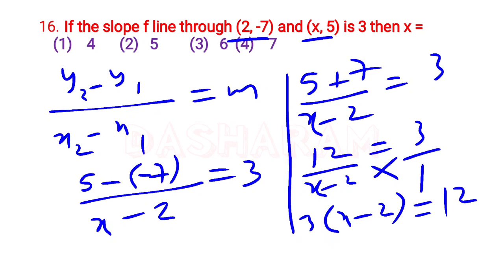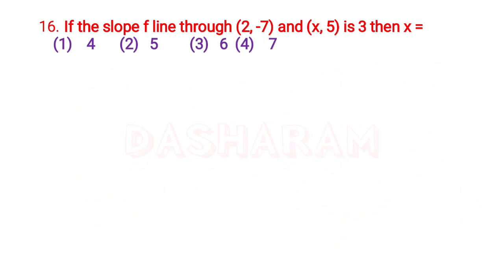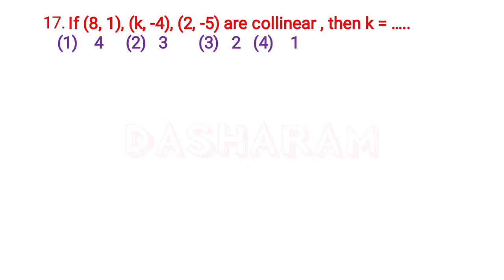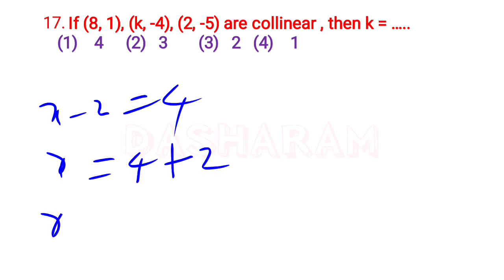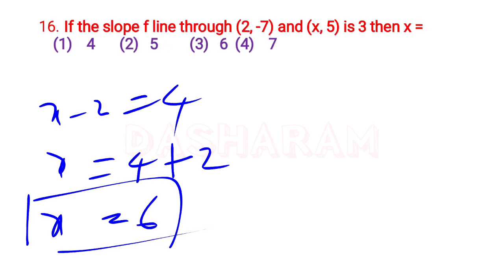So then x minus 2 equals 12 by 3. 3 fours are 12. Then x minus 2 equals 4. Then x equals 4 plus 2. x equals 6. So x value is 6. So option 3 is correct.